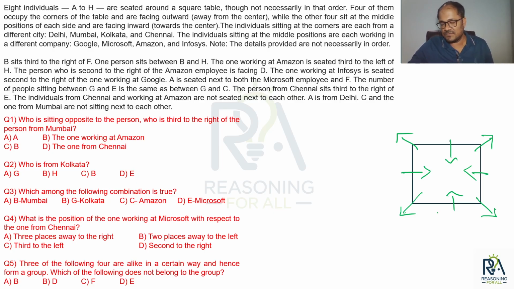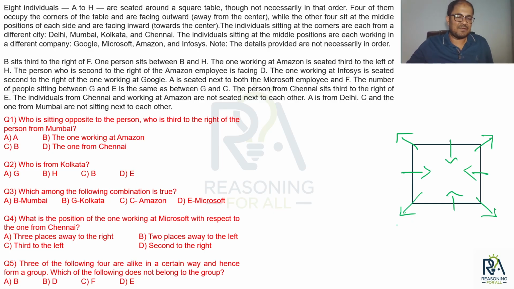So if I have a condition related to a company, that company will be at a middle position somewhere. If any city related condition, that will be at the corners somewhere. That information is very clear.